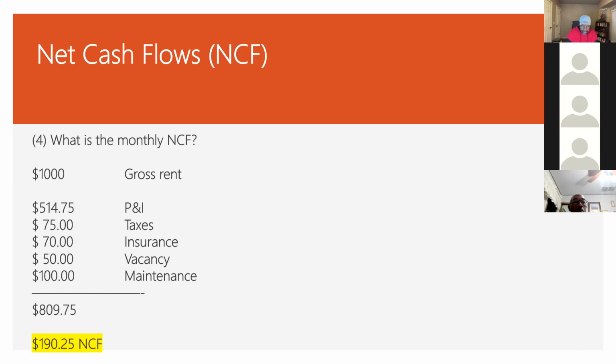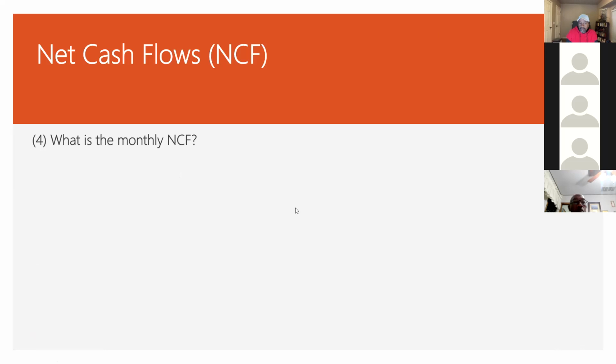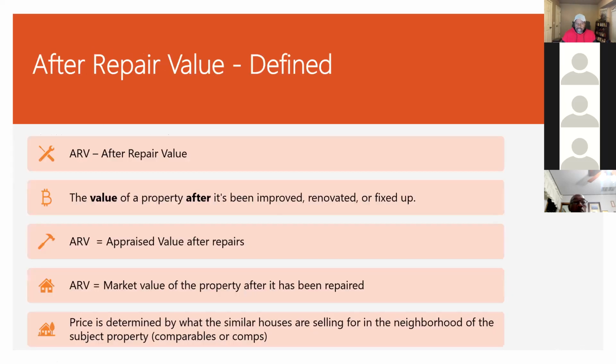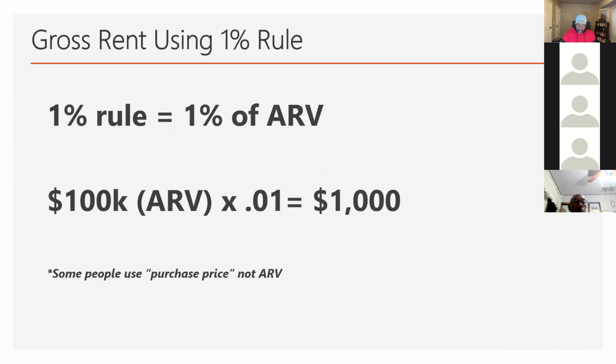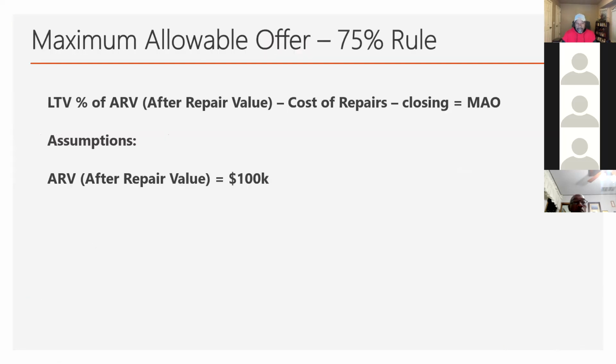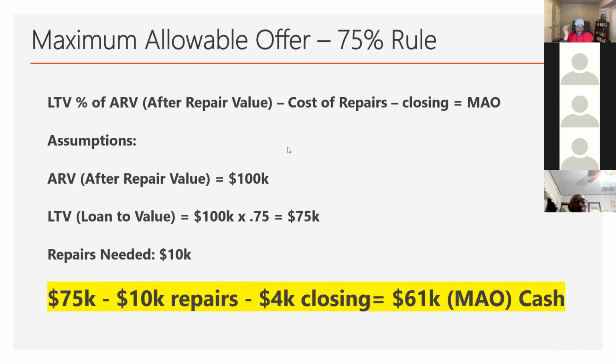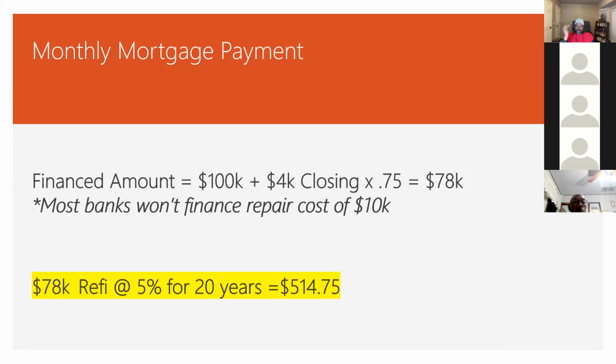Mr. Ray, can you remind us again how you calculate the vacancy? Okay. The vacancy is just a percentage, and that's a percentage that you can come up with. For me, I like to use 5% normally. It's somewhere between 5 and 10%.